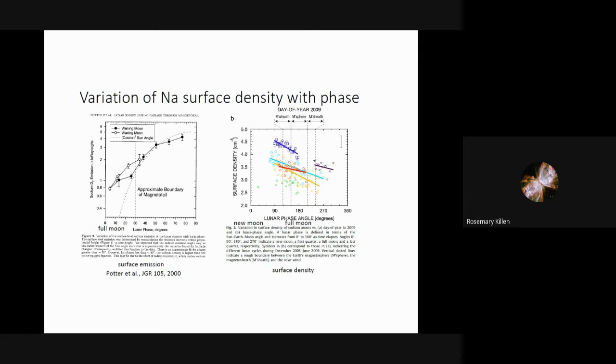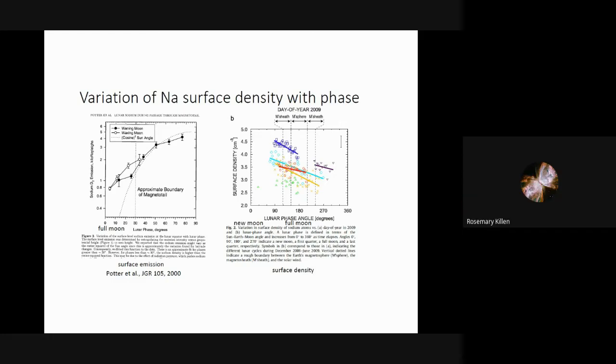But once you recognize that, then you recognize that these observations are consistent, because at full moon, over on the left is 0, on the right is 180. That's the minimum. Now, the other thing you have to recognize is that these are surface emissions, and so the surface is the least dense at full moon.